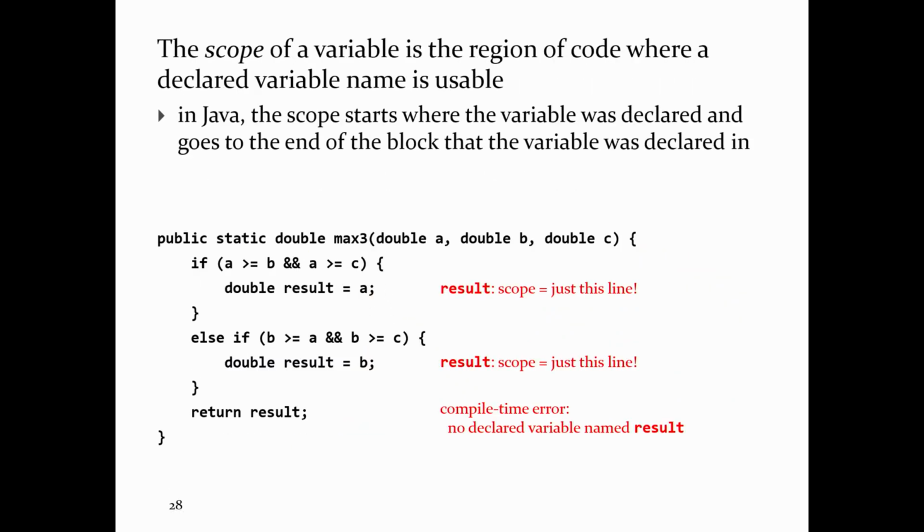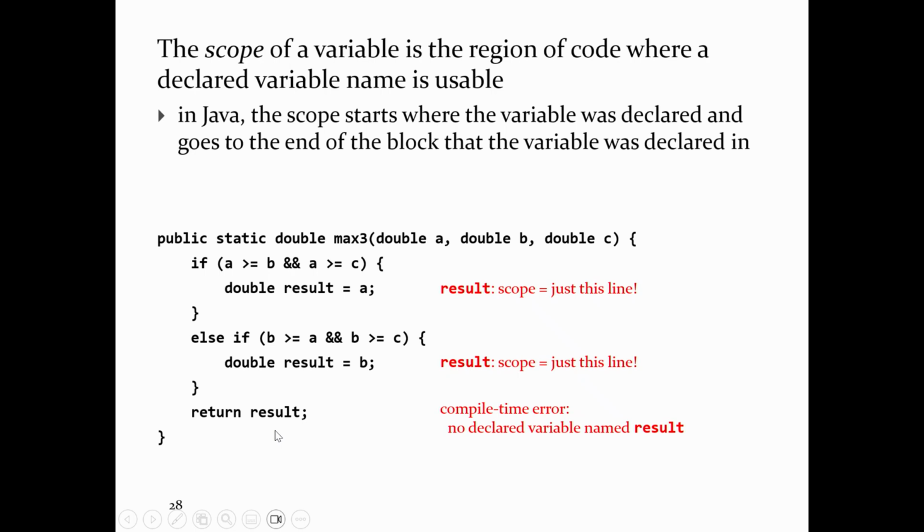You could use it inside that block if you wanted to, but you can't use it outside that block. It's not usable before or after. Similarly, if the maximum value is B and you save the result in a variable called result here, the only place result is usable is inside that block, so it's not usable down here.